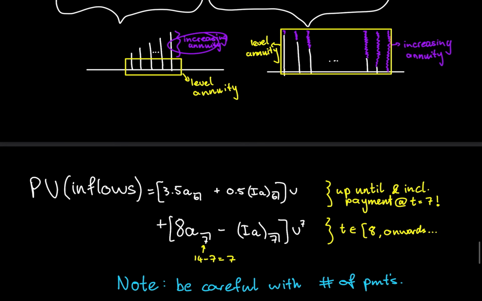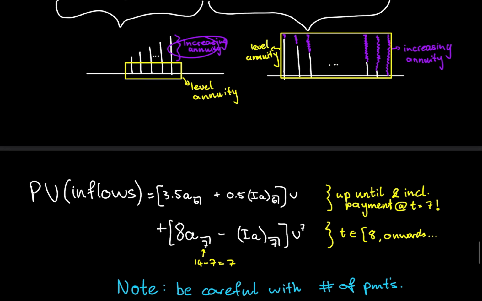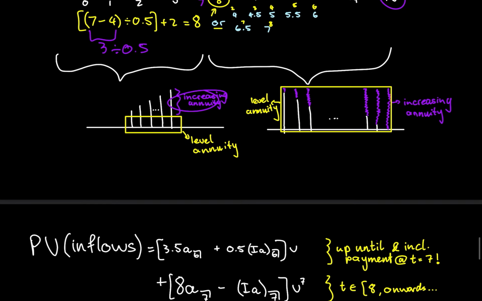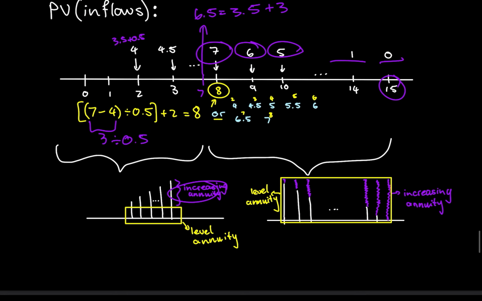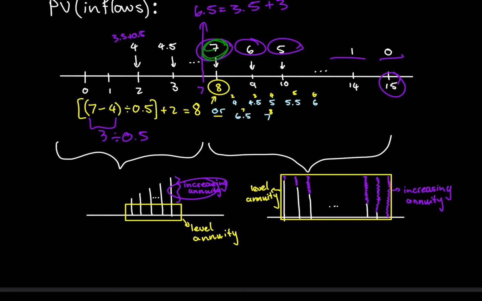Okay, so the way that I've done it over here is we used a level annuity in arrears for 7 payments, and that level annuity is of value 8. So each payment will be of $8 million. So that is one more than the payment that happens at time 7.